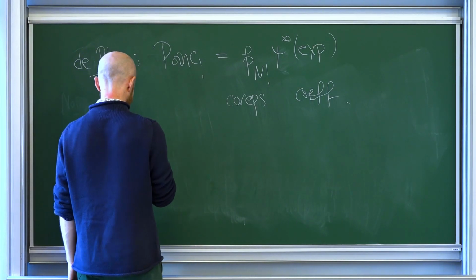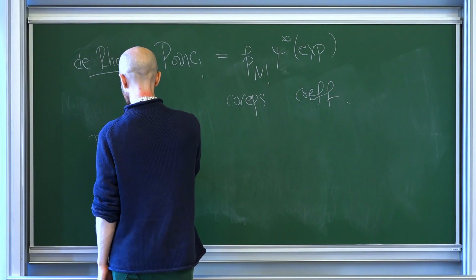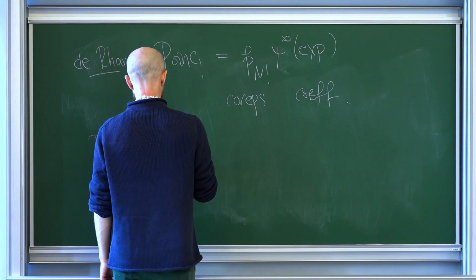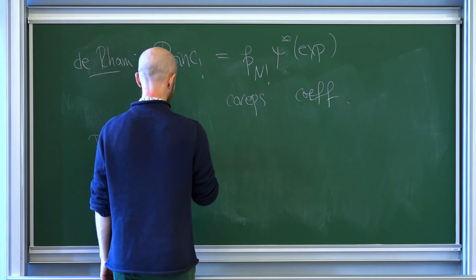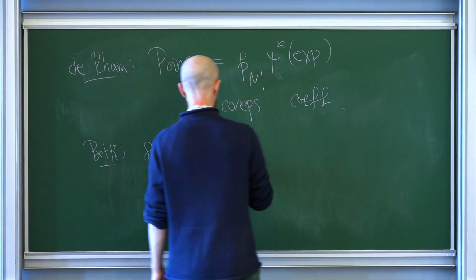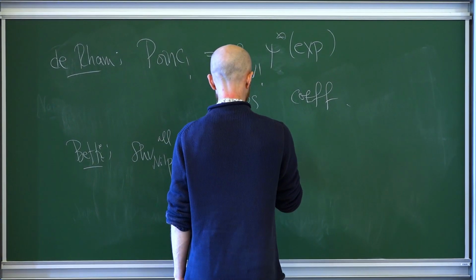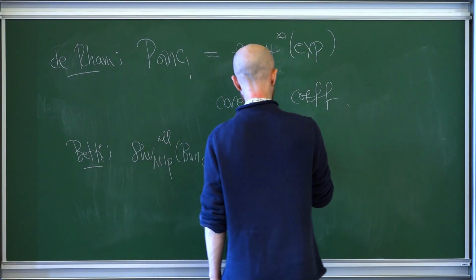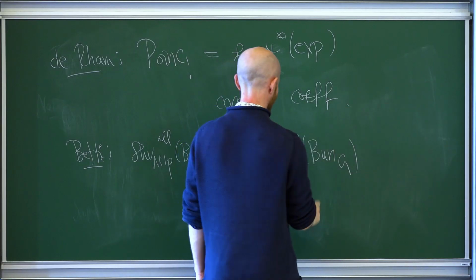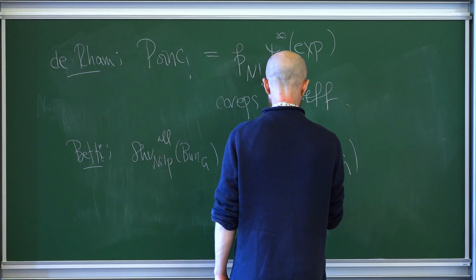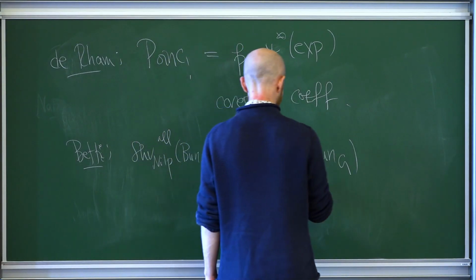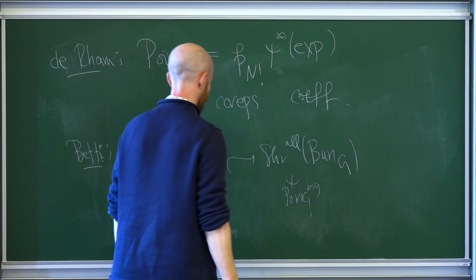In the Betti world, I take sheaves with nilpotent singular support on Bun-G, sort of this all object. And so this embeds into all sheaves on Bun-G. And just like in that game, I can make sense of the Poincaré sheaf here. Maybe let me call it the big Poincaré sheaf for a second.